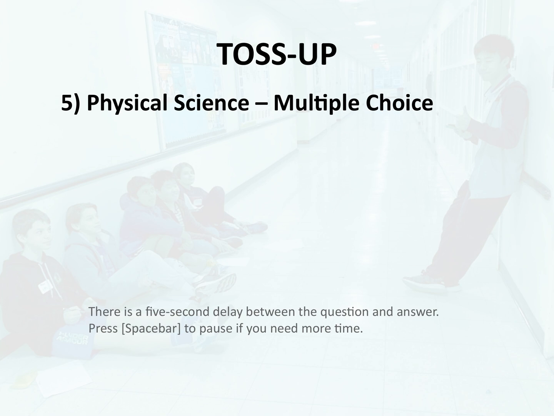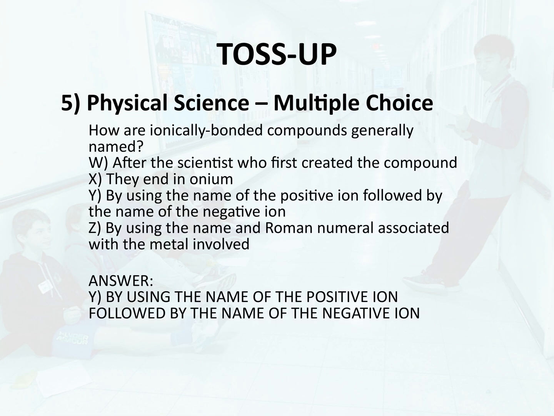Y. By using the name of the positive ion followed by the name of the negative ion. Z. By using the name and Roman numeral associated with the metal involved. Answer. Y. By using the name of the positive ion followed by the name of the negative ion.